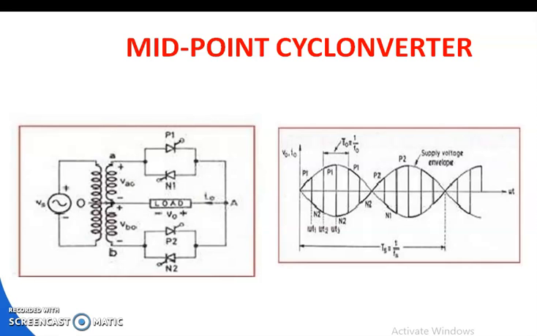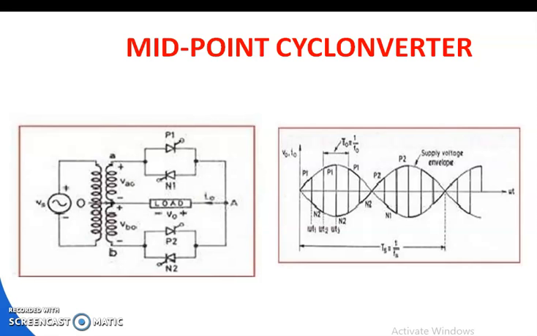In other words, one comes from the odd-numbered thyristors and the other from the even-numbered thyristors, or one comes from the upper half of the bridge circuit and another from the lower half. So let us assume that we are giving the gate pulses to thyristors P1 and N2. During this condition, no gate pulses are given to P2 and N1.